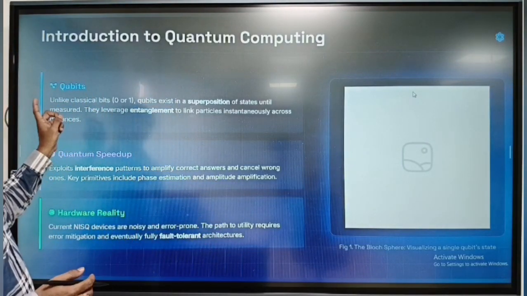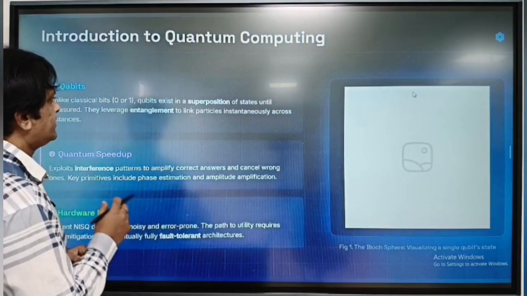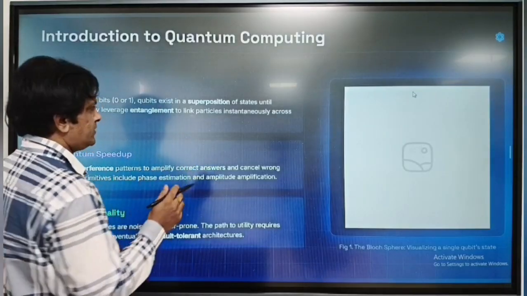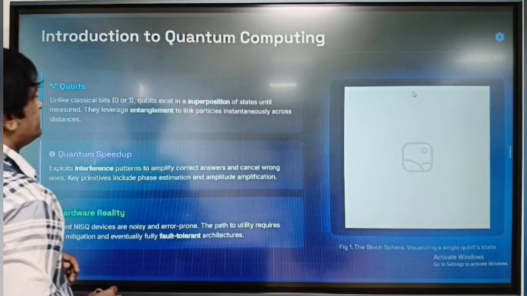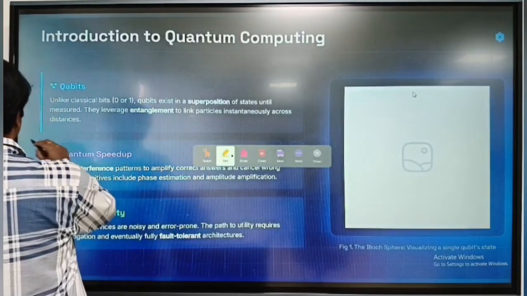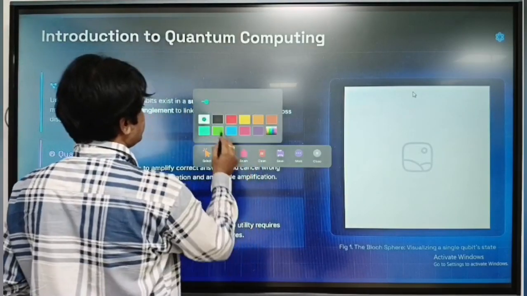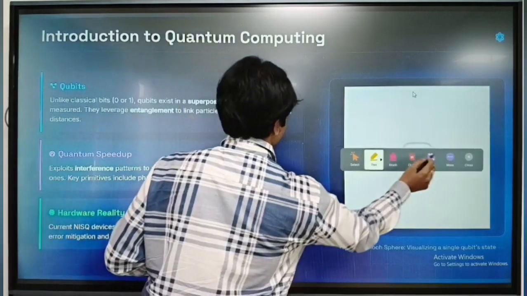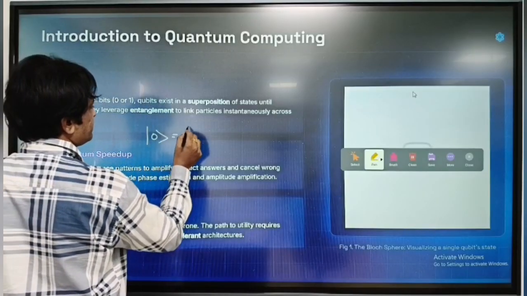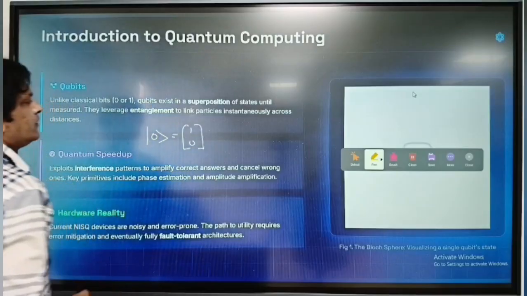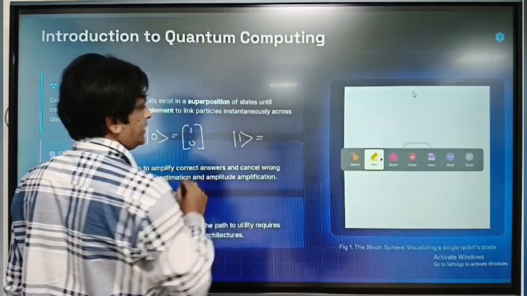So in this way, the orthonormal basis states. See this qubit, the quantum state of a qubit is represented by two orthonormal basis states, that is what we represent here. The qubit is represented by |0> and |1>, two states.